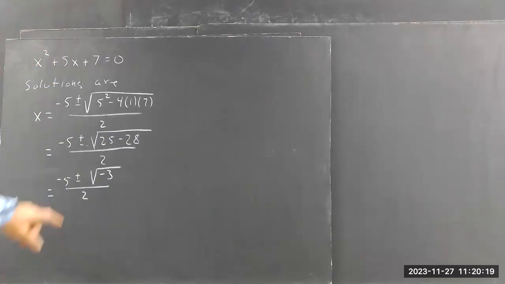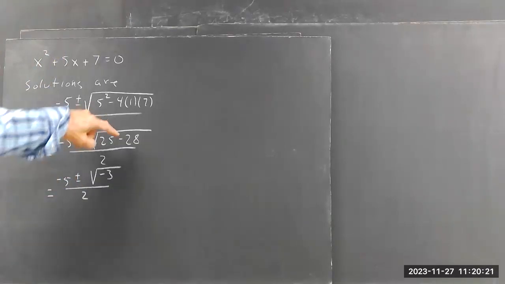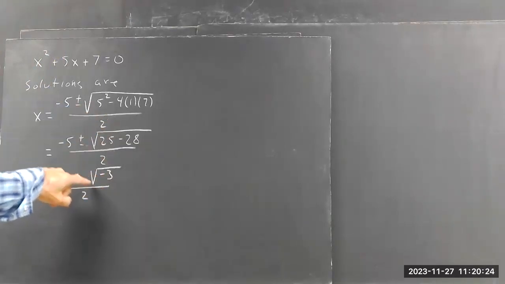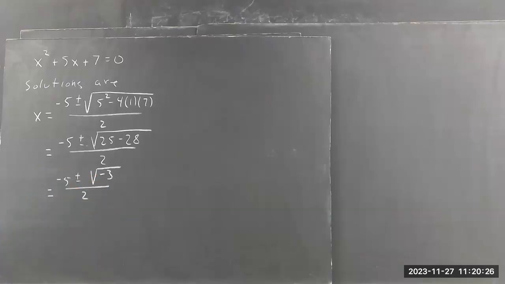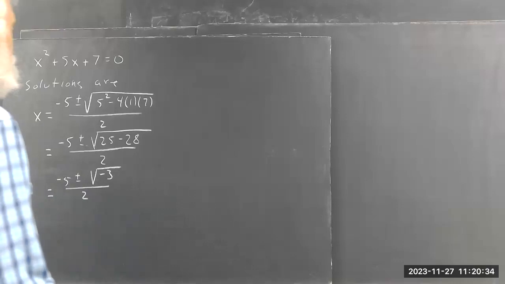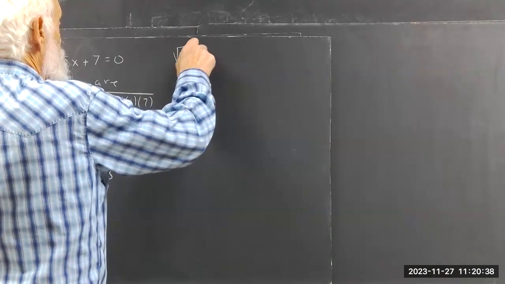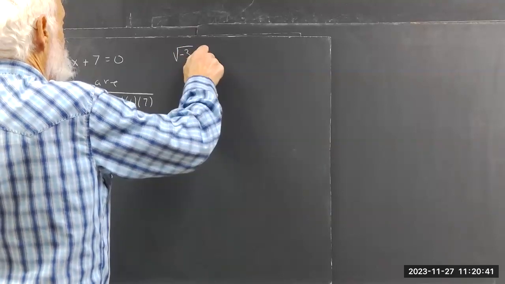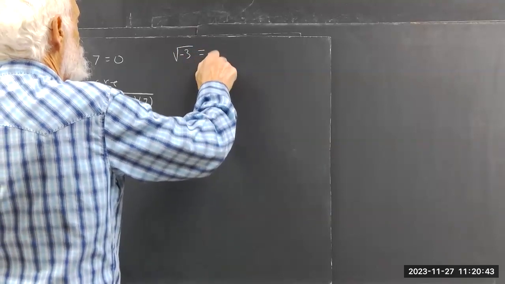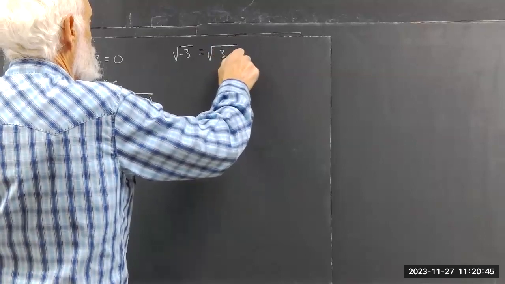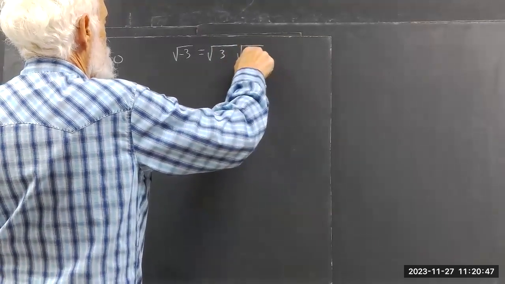And the kicker is I get 25 minus 28 is -3, so I end up having the square root of -3. Now, what's the square root of -3? Well, let me just put that up here. Square root of -3 equals the square root of 3 times the square root of -1.